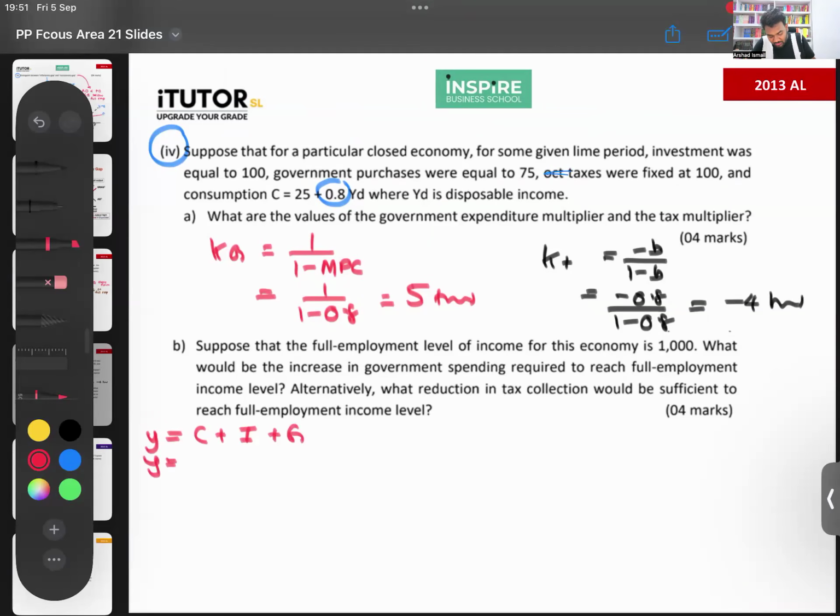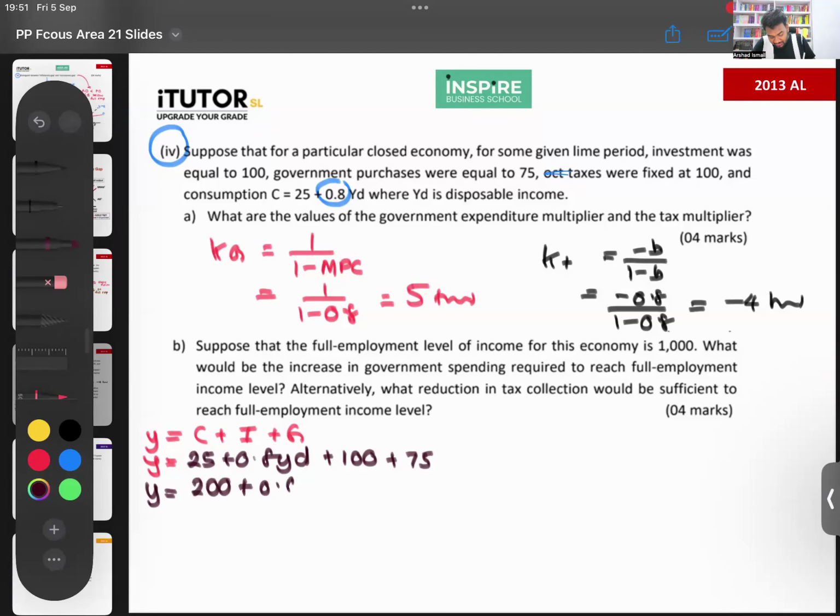So Y is equal to, my consumption is how much? Consumption is 25 plus 0.8 YD. Investment is 100. Government spending is 75. Okay. Now I have to simplify. So first I have to convert this YD to Y. First I'll add the numbers, 25, 100 and 75, that is 200.